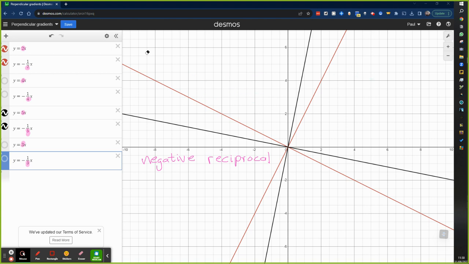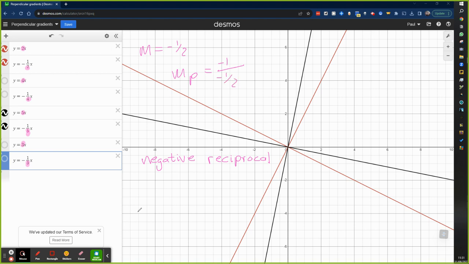So, in other words, let's say I just erase some of this. It's easy to see the first way around as I did it, but let's do it the other way around, just so we get a fuller understanding. If I said the normal gradient, I suppose, let's say the first line has got a gradient of -1/2, then the perpendicular gradient would be -1 over -1/2.